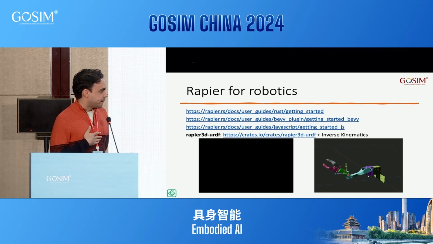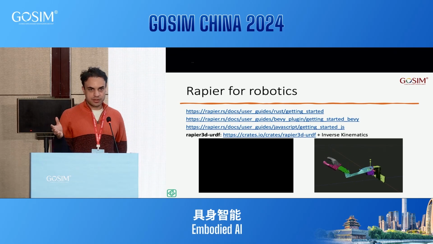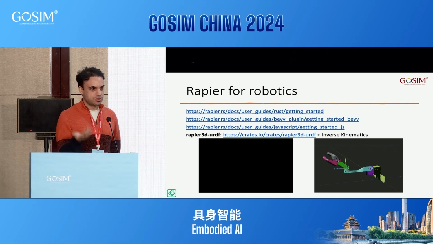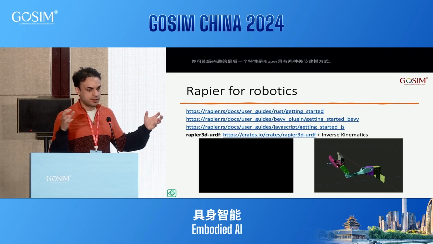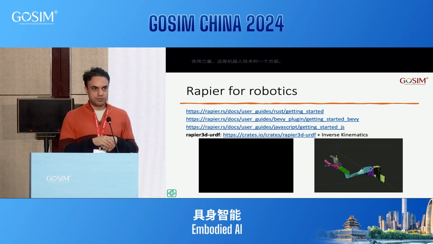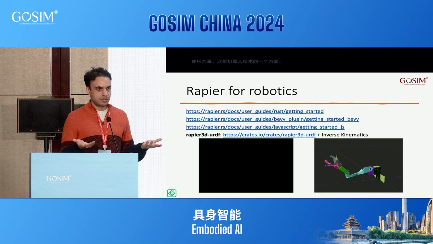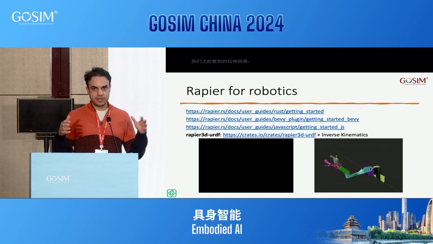One more feature you might be interested in is that Rapier has two ways of modeling joints. You can model joints using forces, which is something robotics doesn't really like in general because you can have the kind of stretching we saw earlier. But you can also simulate joints with what we call reduced coordinate modeling, which means that your joint positional constraint is directly part of your equations of motion.